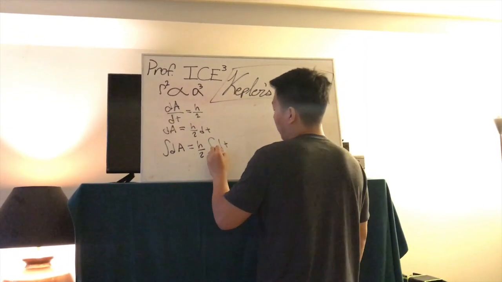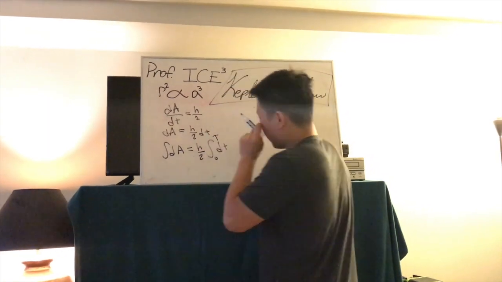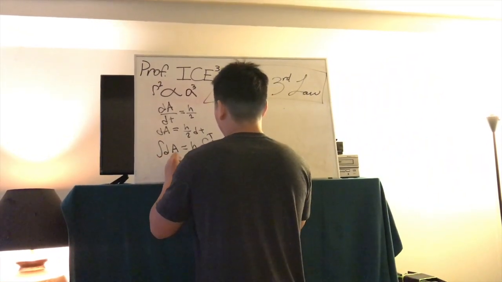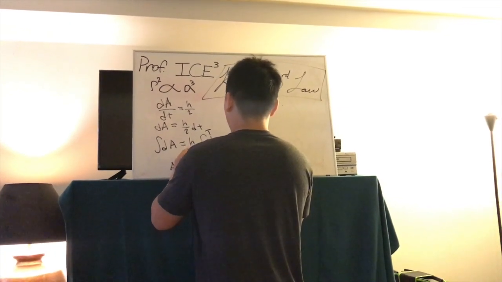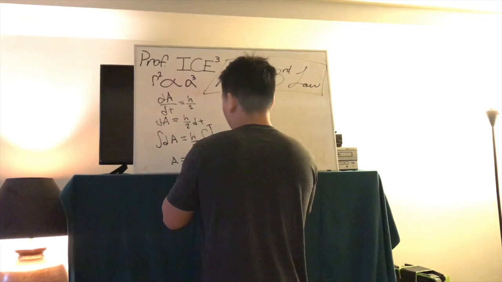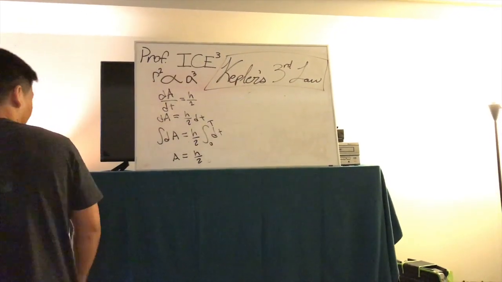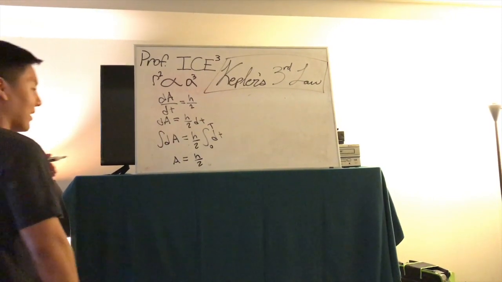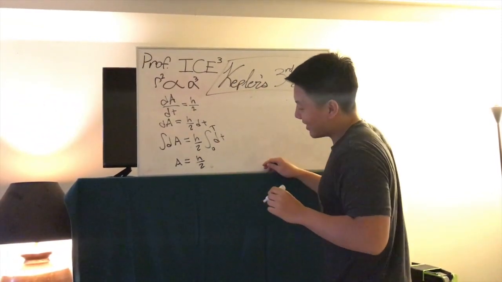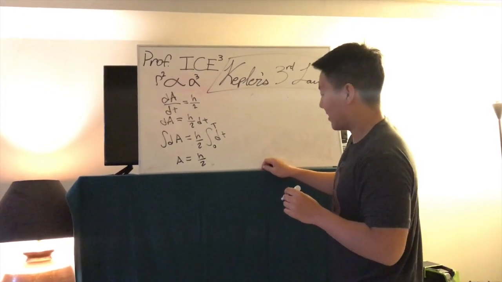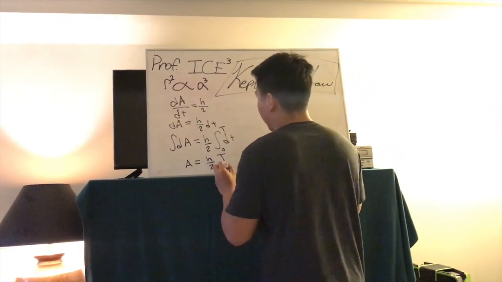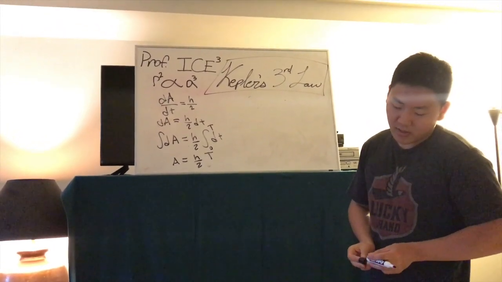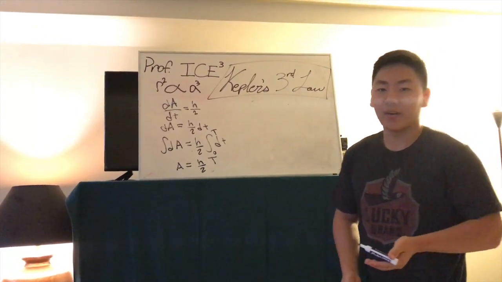dt, and the bounds would be from 0 to big T. So this turns into area equals h over 2 big T. Alright, so now we already know what the area of an ellipse is.